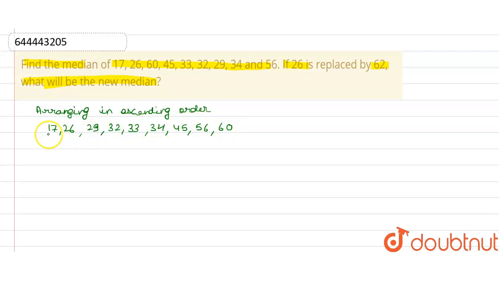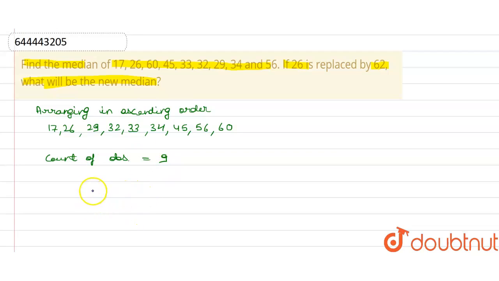And the second step is to count the number of observations. So if we count the number of observations, here are 1, 2, 3, 4, 5, 6, 7, 8, 9. So count of observations equals 9.